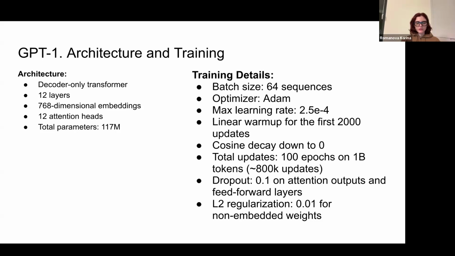Training of the first version involves a learning rate scheduler with linear warm-up followed by cosine decay, and the Adam optimizer. This approach allows it to generate text that is coherent and contextually relevant.